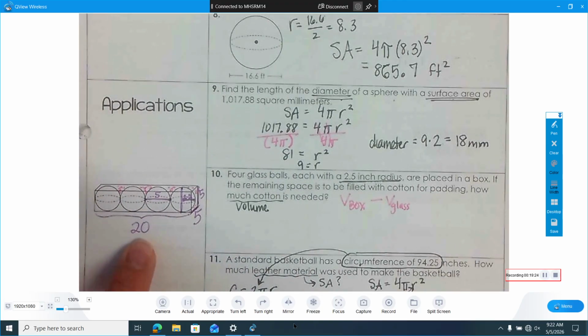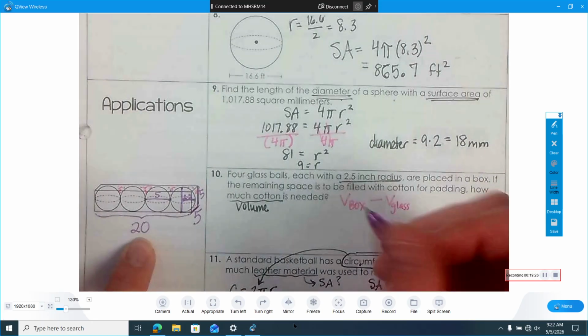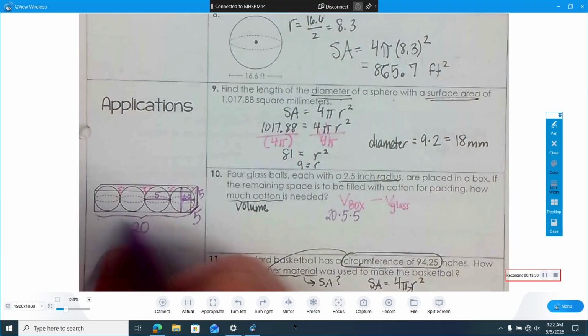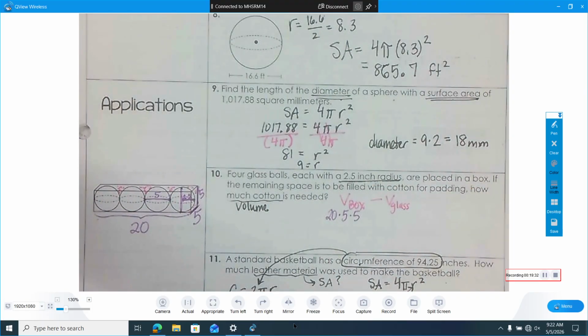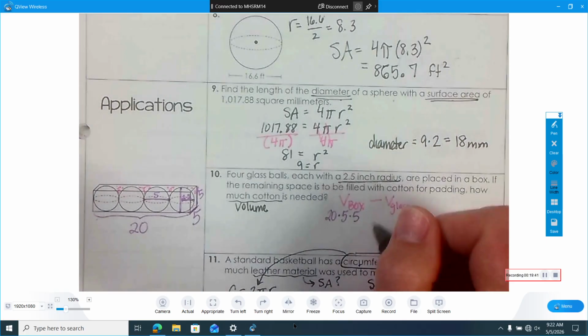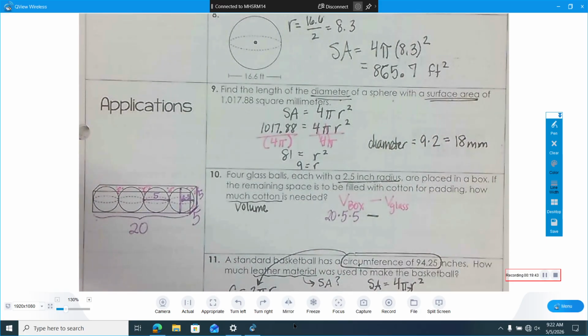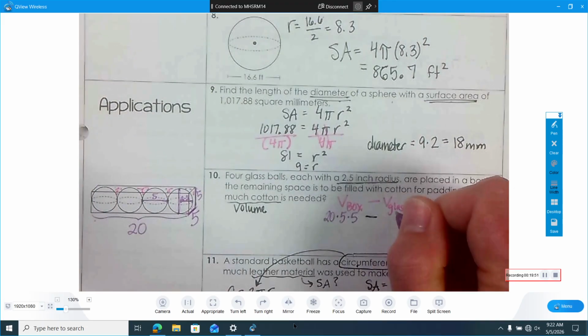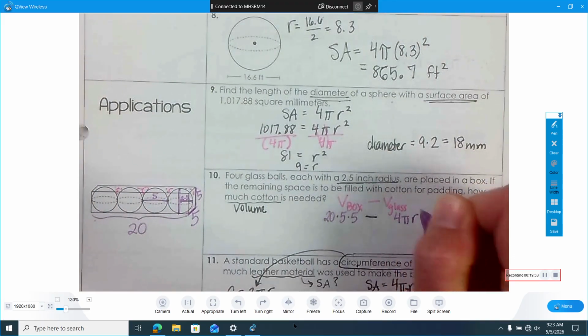So how do we find the volume of the box? Yeah, so 20 times 5 times 5, length times width times height. So that's our volume of our box. And how do we find the volume of all the glass spheres? What is our volume formula for a sphere? 4 pi times radius cubed. 4 pi radius cubed.